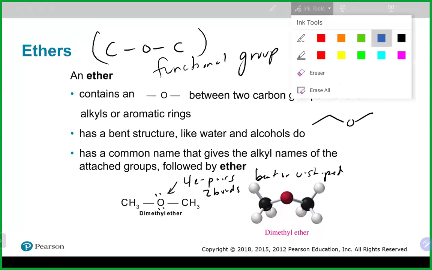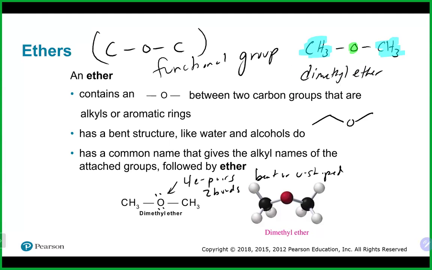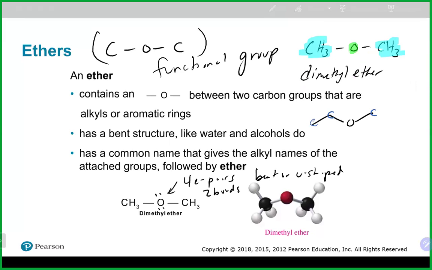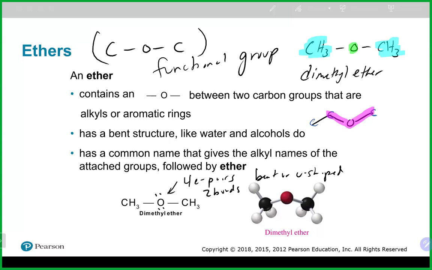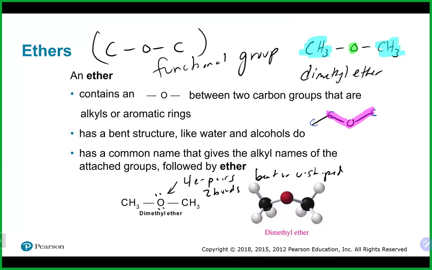All right, so first off, if I look at it, remember we have a carbon, and a carbon, and that right there is my ether group. That is a carbon, oxygen, carbon, right? So right there is the ether group. So if we're going to name it our common way here, we're going to go back and just focus in on the oxygen without erasing the whole thing, maybe.